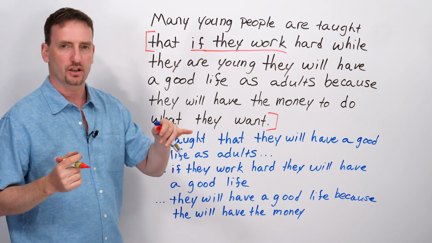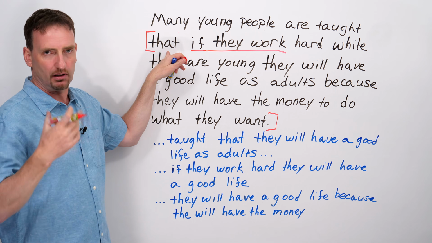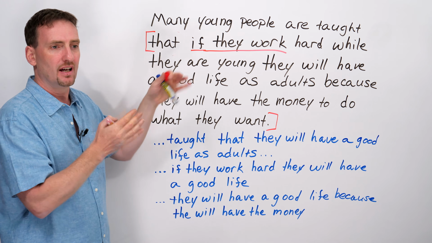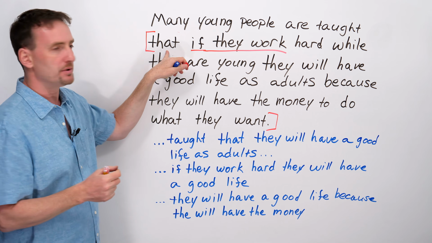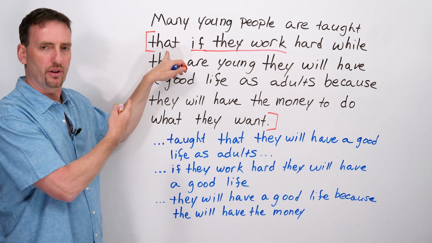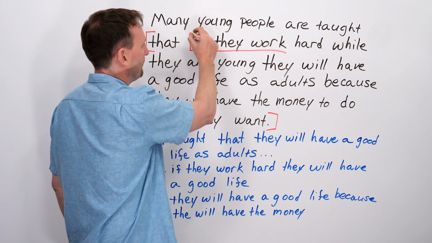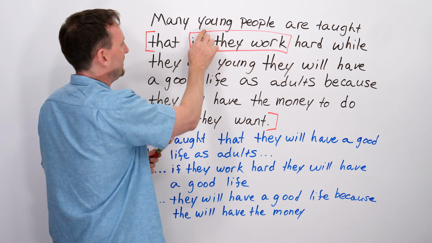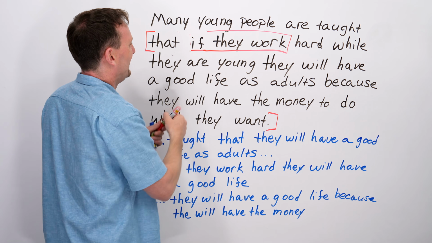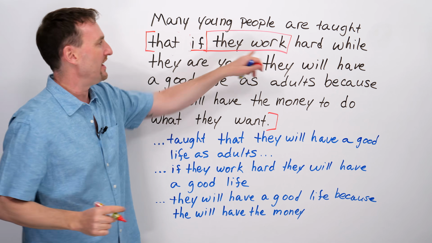So now the question is, what is this? I mentioned it is a noun clause. A clause must have a subject and a verb. So what is the subject and verb that goes with that? Same. If they work. Oh, no, sorry. This way. They work.